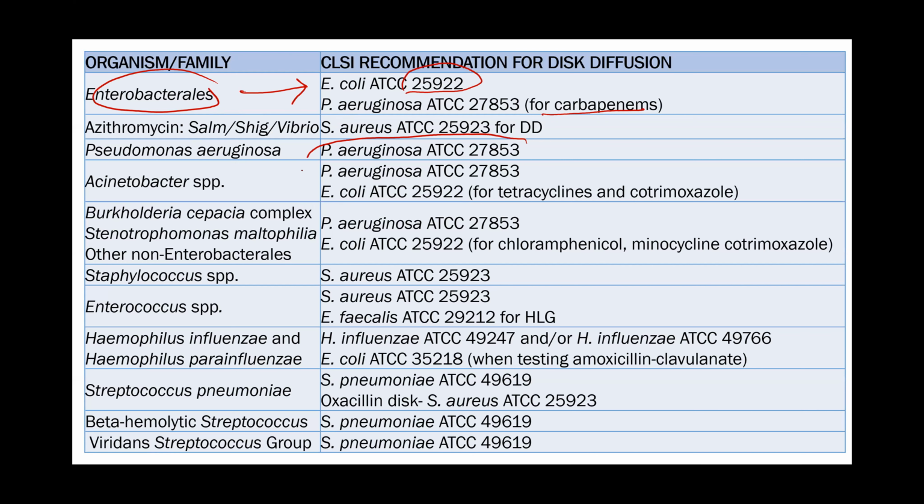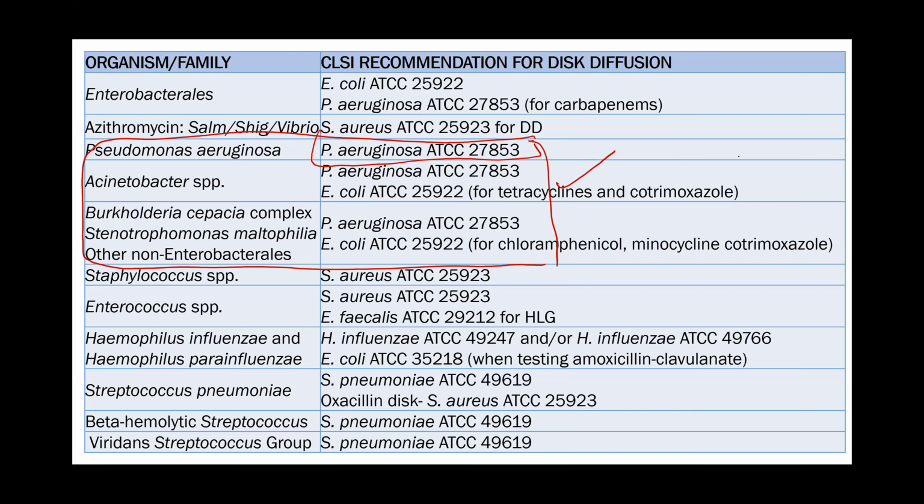The same Pseudomonas strain is also recommended for all non-fermenters: Pseudomonas, Acinetobacter, Burkholderia cepacia complex, Stenotrophomonas and other non-Enterobacterales. In a very simplified format, for all non-fermenters the QC strain is by and large Pseudomonas aeruginosa ATCC 27853, except when you are testing a few antibiotics like tetracycline, cotrimoxazole and minocycline, where your ATCC E.